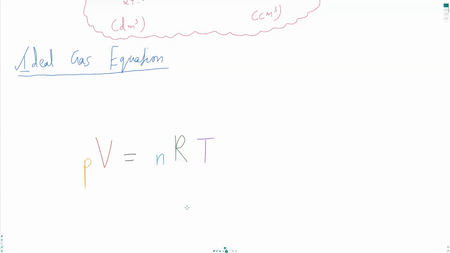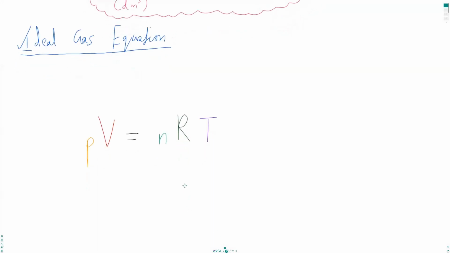I think this is given on the cheat sheet for the exam, so you don't need to memorize this, but you do need to know how to rearrange it for certain things if you want to find a certain value.